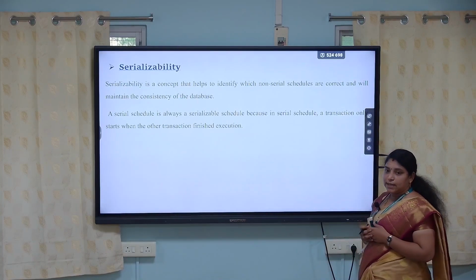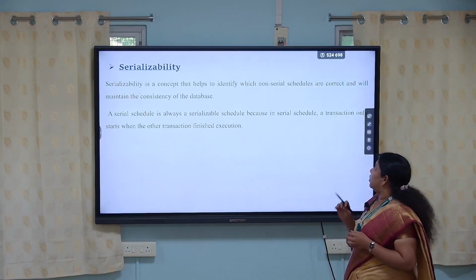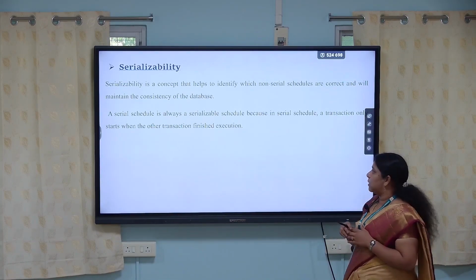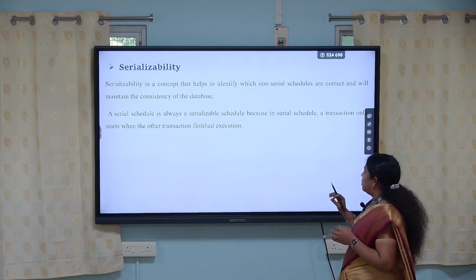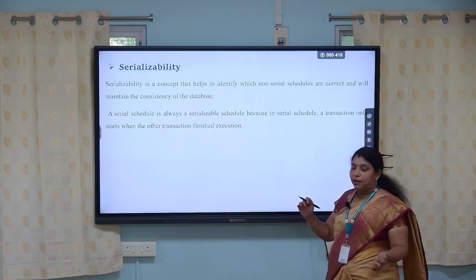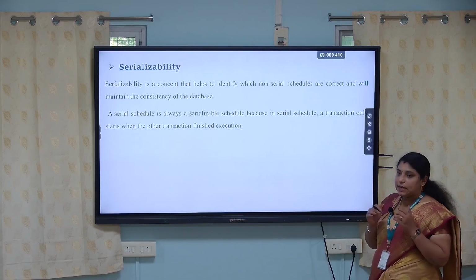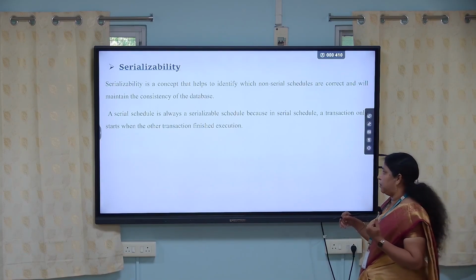So, serializability. Serializability is a concept that helps to identify which non-serial schedules are correct and will maintain the consistency of the database.